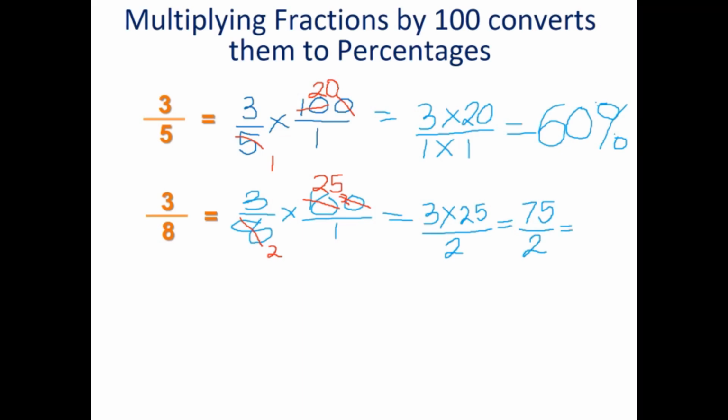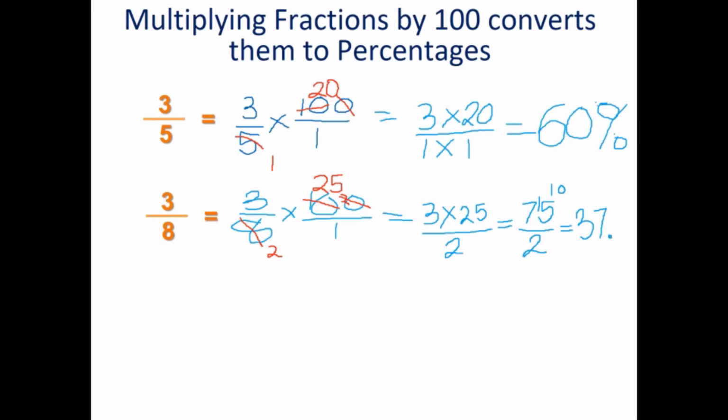So that's it. So now what do we do? How many 2 in 7? Do you know? That's 3. There's a remainder of 1. So how many 2 in 15? That's 7. There's a remainder of 1 still. 2 in 1 is not possible, so we add a 0 and then we add a decimal point.